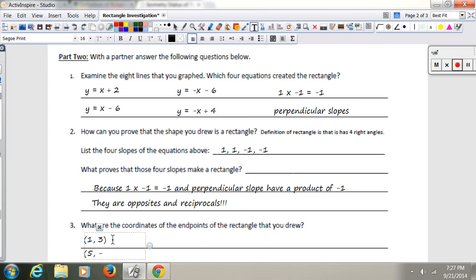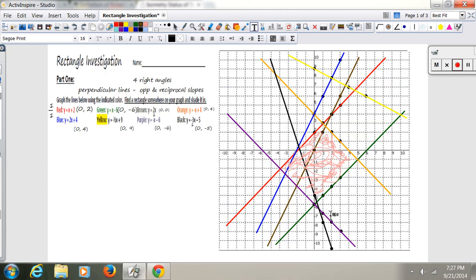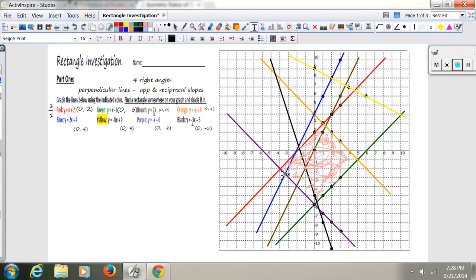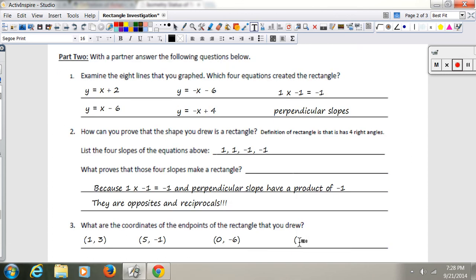Another point would be down here at (0, -6). And the last one would be at (-4, -2). Yep. Alright, let's go on, moving on.